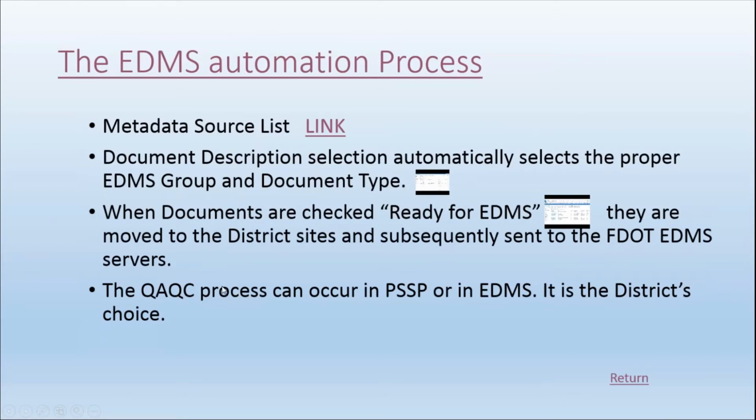One thing to talk about, and it's still being discussed by the CPR group, is when the QA/QC process can occur. Presently, on the Turnpike, they do the QA/QC process at the Project Solve level, so that they don't have to worry about going to Hummingbird and doing the archival process and the QA process.